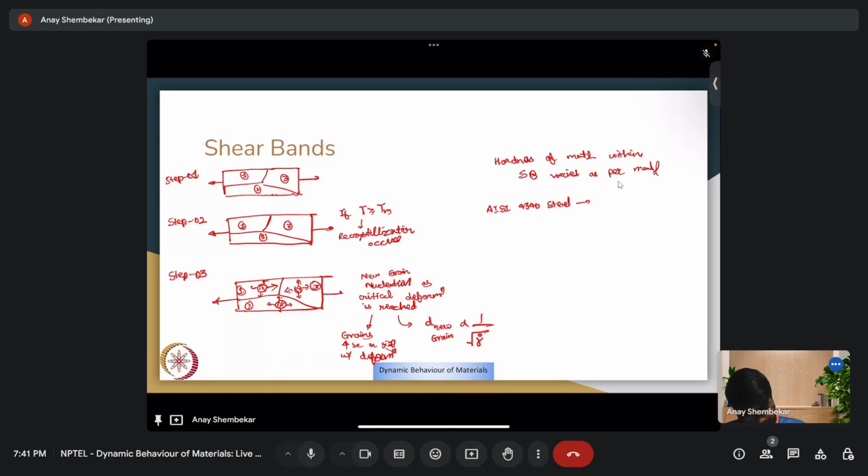then you have changes in microstructure inside the shear band, and this is due to transformed shear bands.